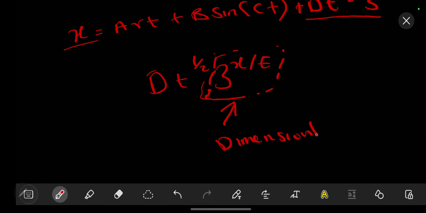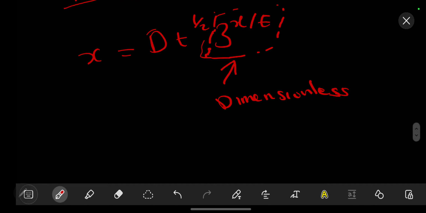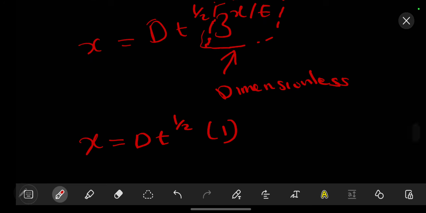So we can equate this whole thing to x, since the dimensions are x. This means that your x is only equal to d t raised to the power half, then we have our dimensionless constant, we can just put a 1, like that.